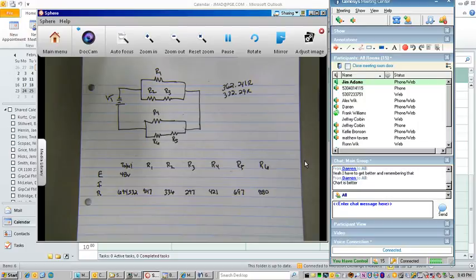Okay, so let's go ahead and do the bottom branch now. So R5 and R6 are in parallel with R4. So we just add R5 and R6 since they're in series. So 697 plus 880 comes up to 1.57K. Reciprocal of that, then it's going to be in parallel with R4, which is 421.